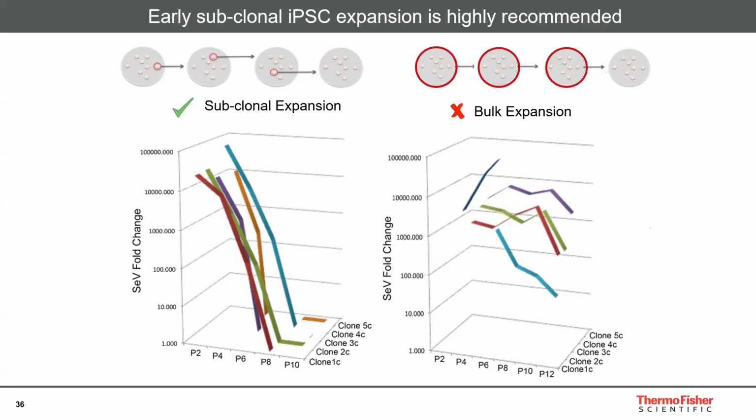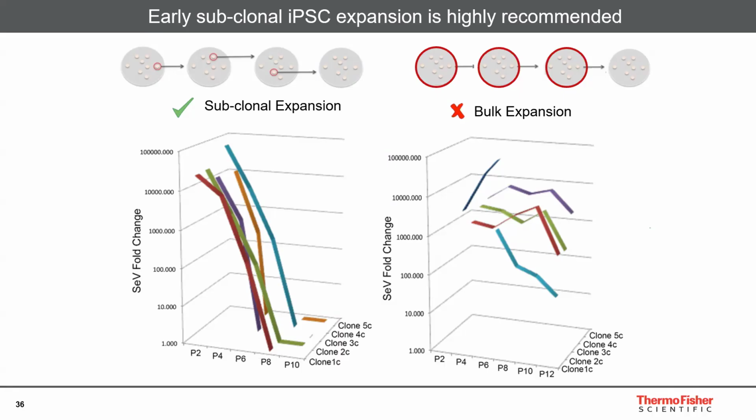So most folks want to make sure their sample is free of this viral vector backbone before they start using their cells. Typically this occurs with time, so as you continue to propagate from one passage to the next, you should see a decrease in the level of detectable Sendai vector backbone.